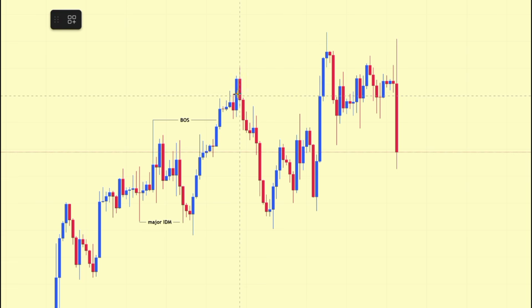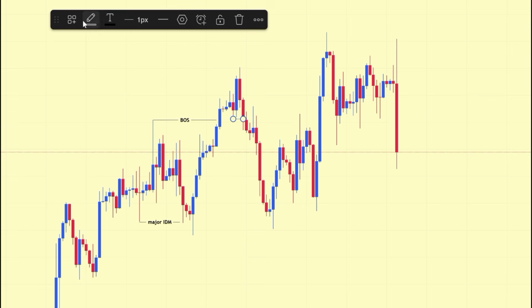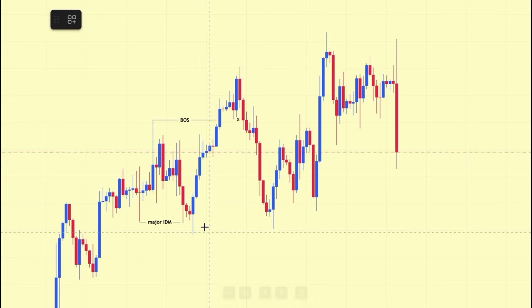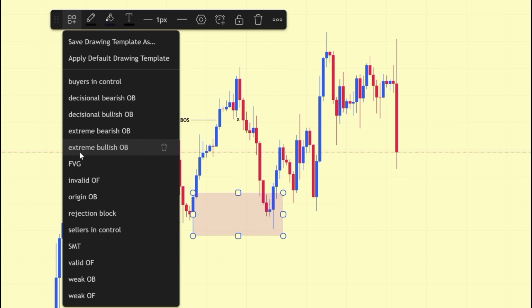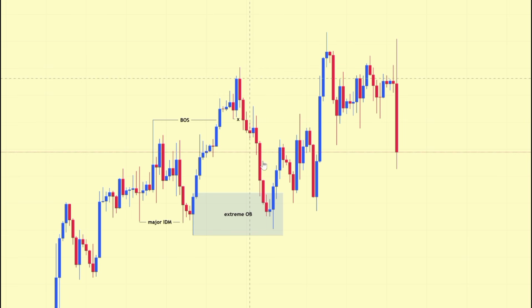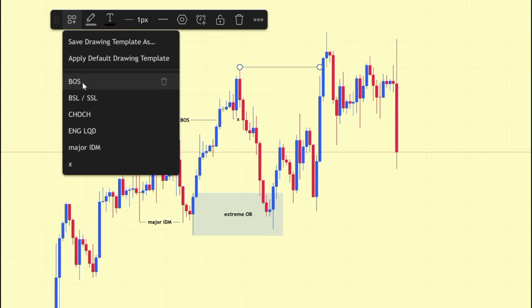Again, we can clearly see price created this inducement, reversed back, took out that major inducement, and then clearly see that price mitigated this extreme order block before making that ultimate reversal all the way towards this external high above here, and this is what we call a bullish break of structure.